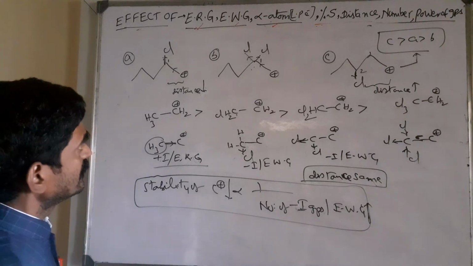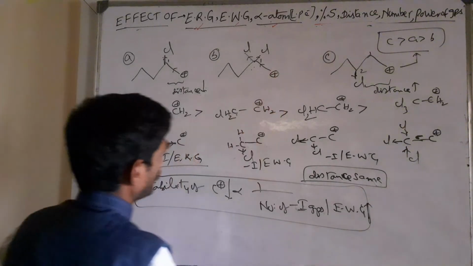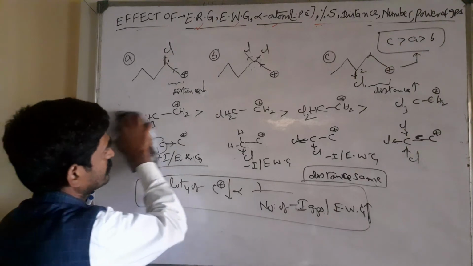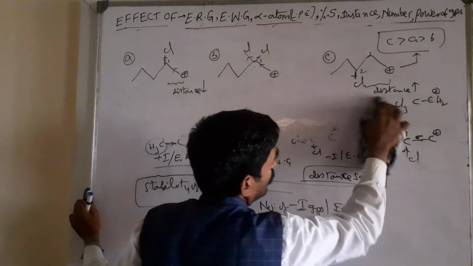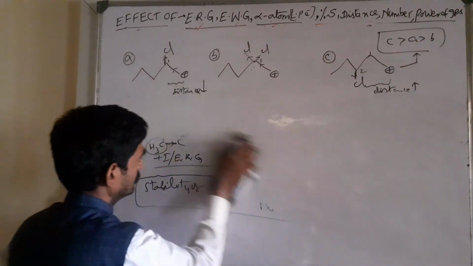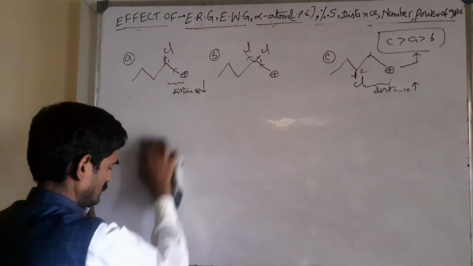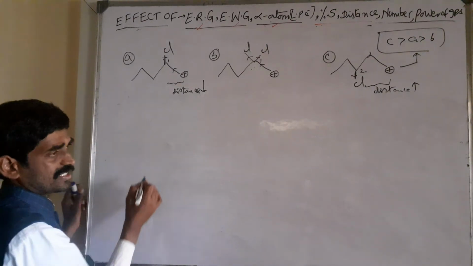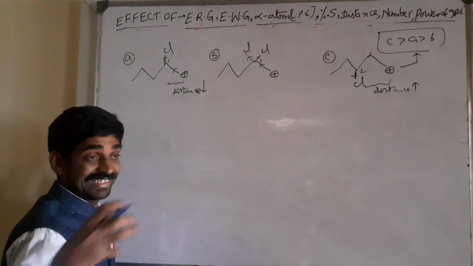Next one is the power of the groups now. Can I erase it now? Yeah. Power of the groups. With an example, we'll get the concept. I'll explain a clear concept.